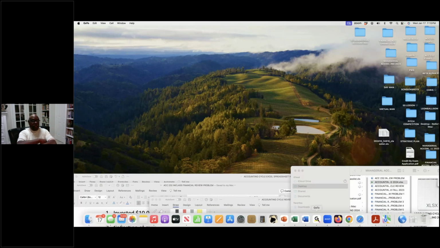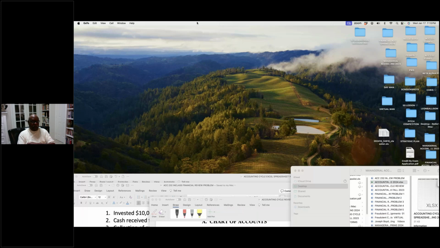Okay. Next time, then, we will try to finish this problem. You all can get it to the trial balance. Then we'll finish it. And we will do the teams next time. So probably at the end of class, we'll do the teams then.